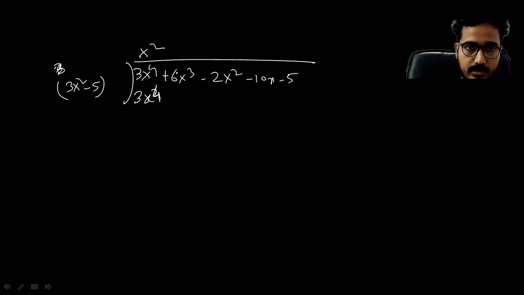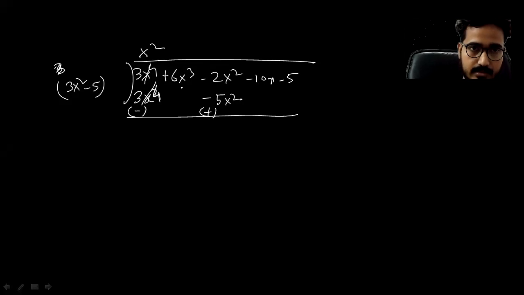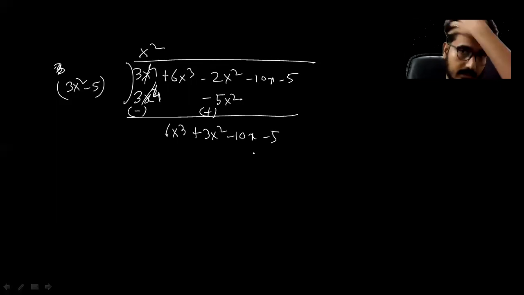Since it is a cube, you write this term below, minus 5x square. Now minus minus will be plus, so it will get cancelled. Now you write 6x cube, then minus 2x square plus 5x square, so it will be plus 3x square minus 10x. I have brought down the other term.